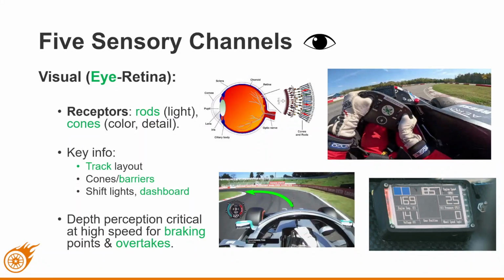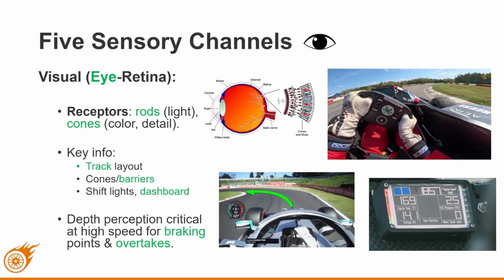So vision is arguably the most important sense in driving. The driver is pretty much always looking at the road, so it's important to keep critical displays close to their line of sight so that they can avoid looking away for too long. If they have to glance at their dash, they only have to for a second. So making sure things are very close to their line of sight.